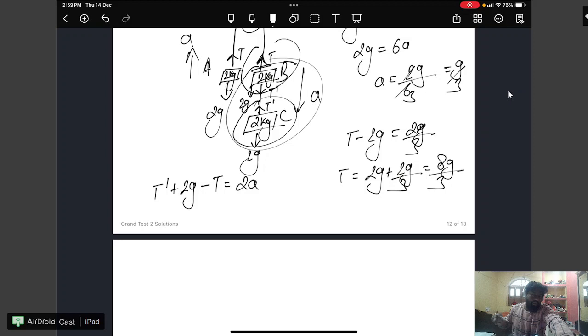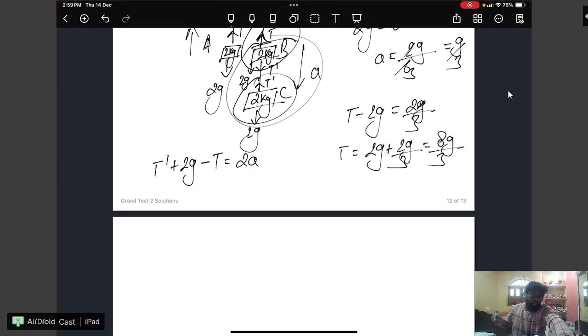So T dash plus 2g minus 8g by 3 plus 2 times... is equal to 2 times the acceleration, g by 3.